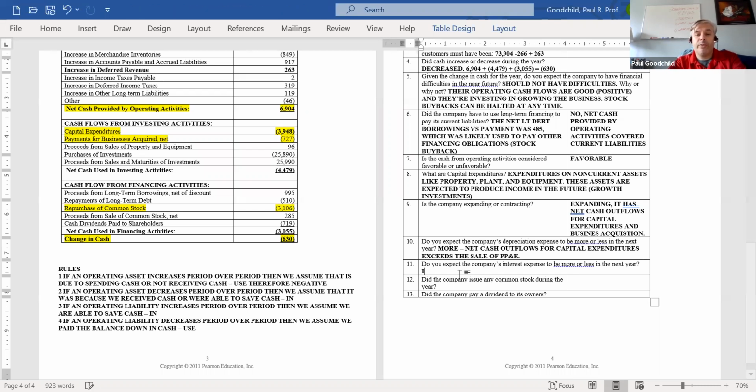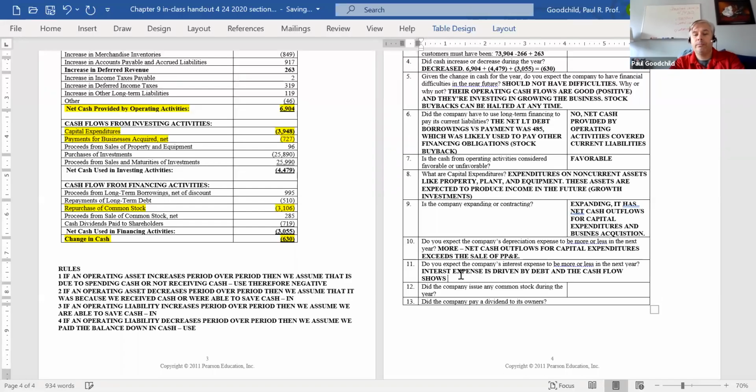Okay, so interest expense is driven by debt, and the cash flow shows a net increase in long-term debt.